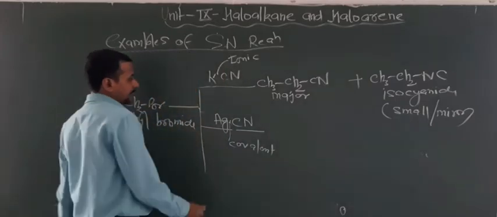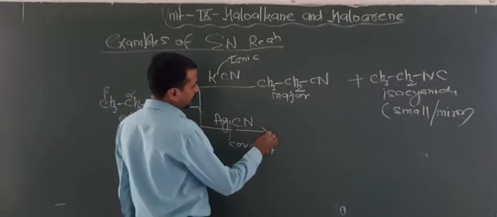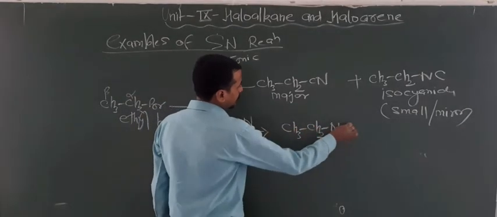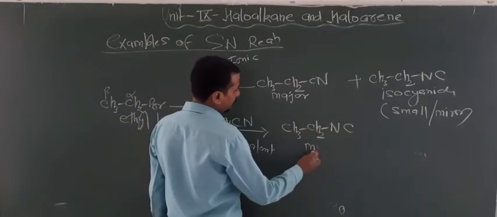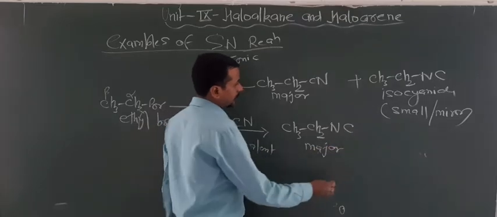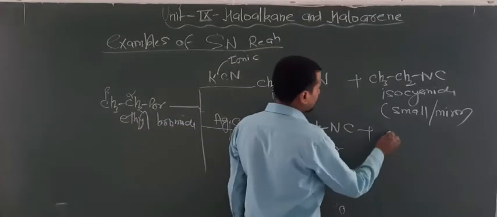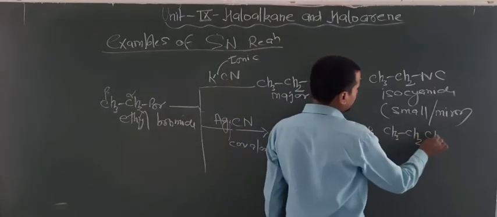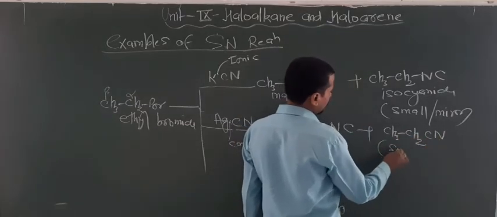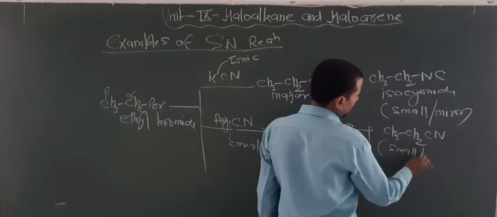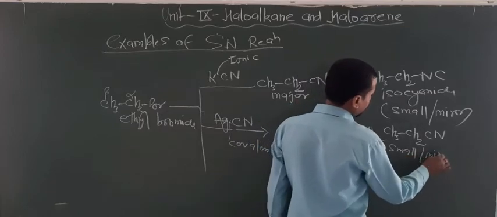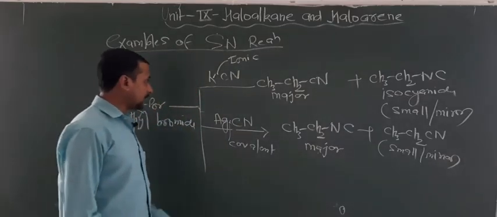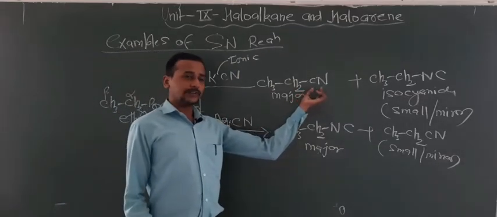Similarly, in the case of AgCN, this will give isocyanide as the major product, and also some amount of cyanide is given as the minor product. So look here, why is cyanide formed in this case?